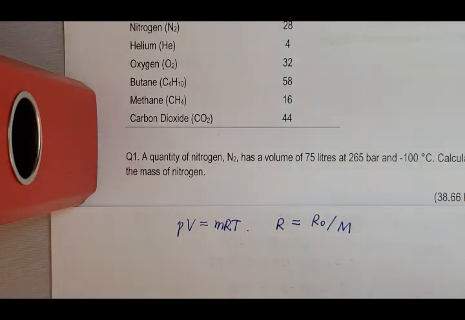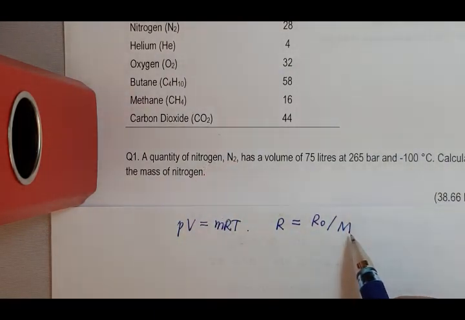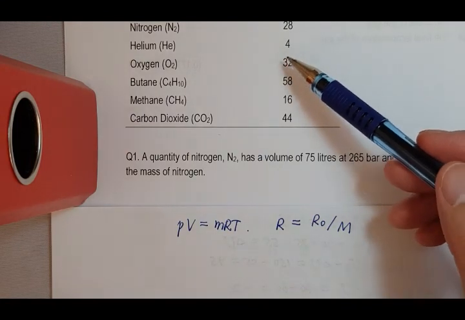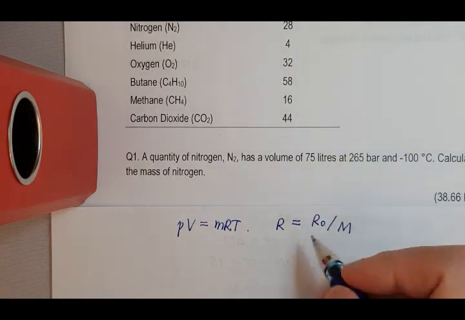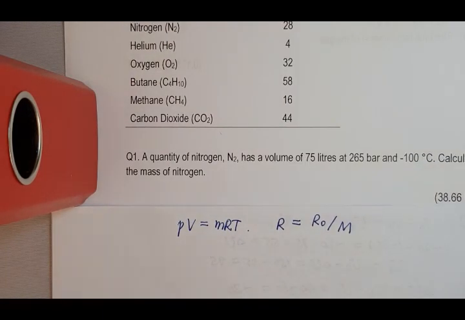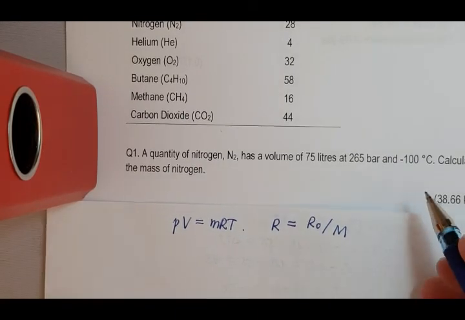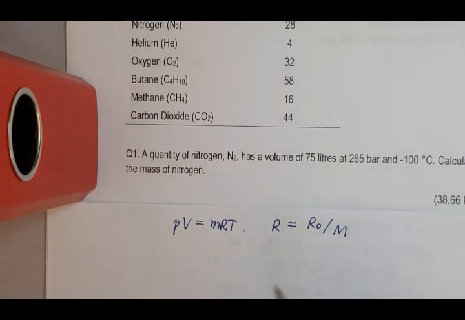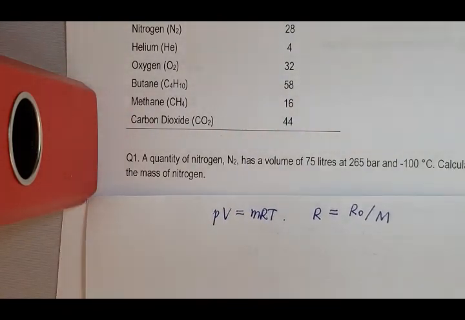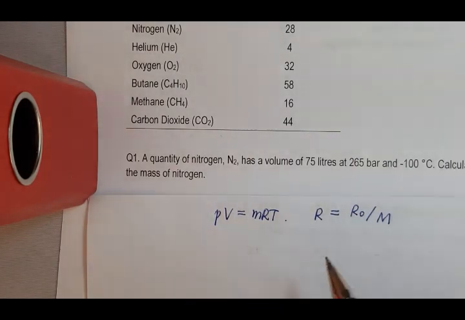For the gas nitrogen, the molar mass M is given in the above table, so it's 28. And R0 is a constant, also given in the question, which is 8.314 kilojoule per kilomole K. So I'm going to use this equation to calculate the R, which we call the specific gas constant for nitrogen.